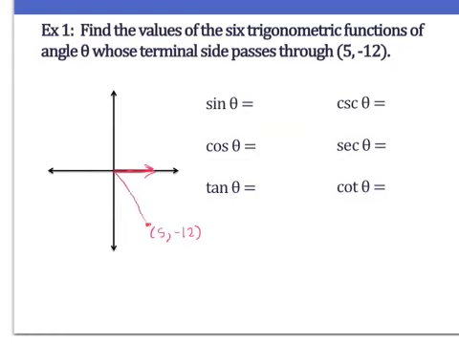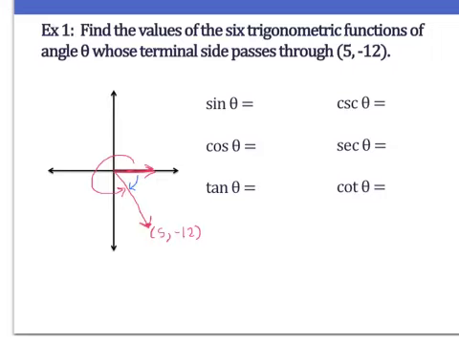We have this. Now, this doesn't say whether this is the counterclockwise angle or the clockwise angle. It just matters that the terminal side passes through (5, -12), so it could be either one.